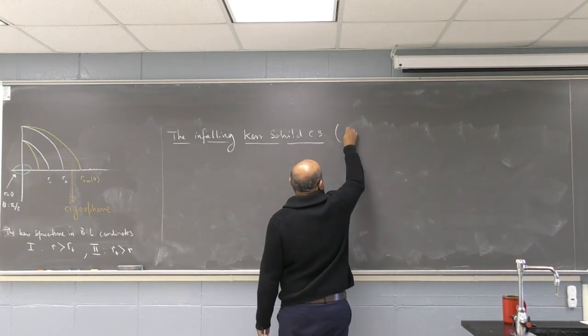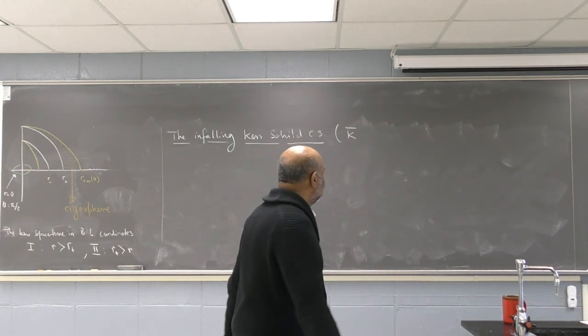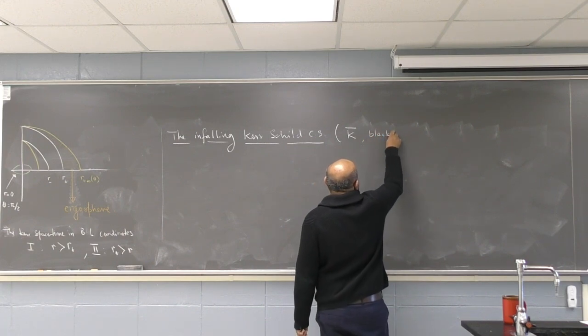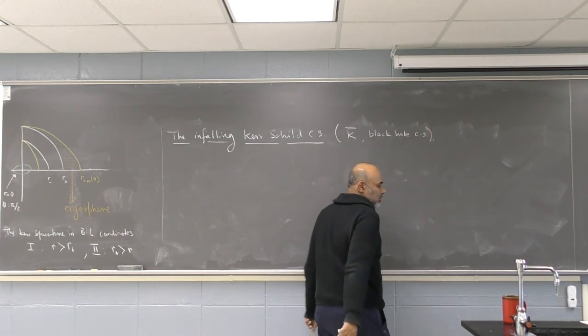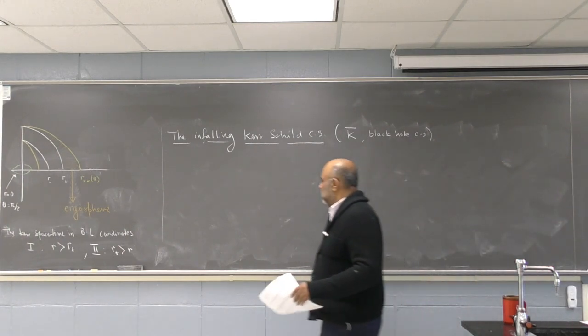This will be called Kerr K-bar. This will also be the black hole coordinate system, as opposed to the white hole coordinate system. Okay, let me write the two sets.